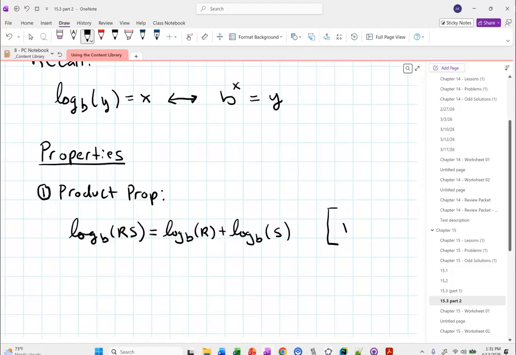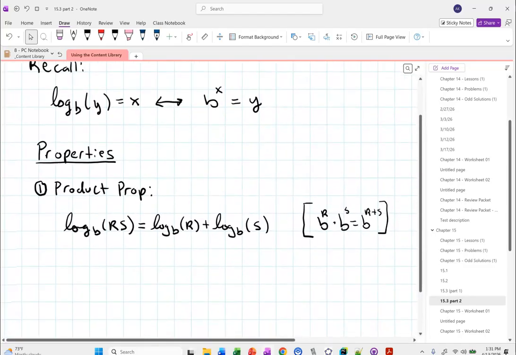Note, this is the equivalent of this property of exponents.